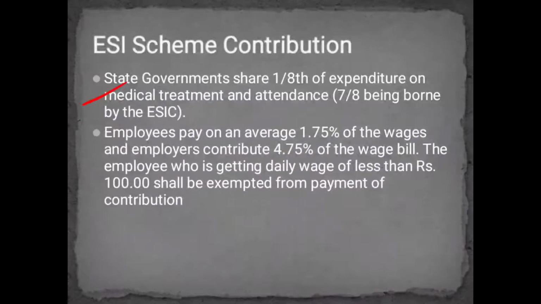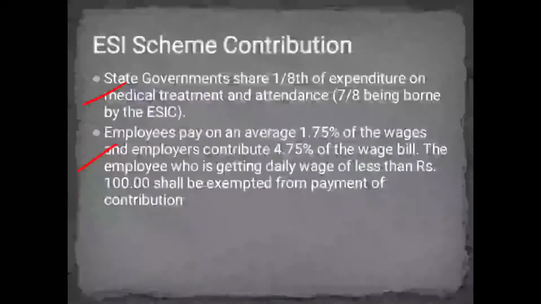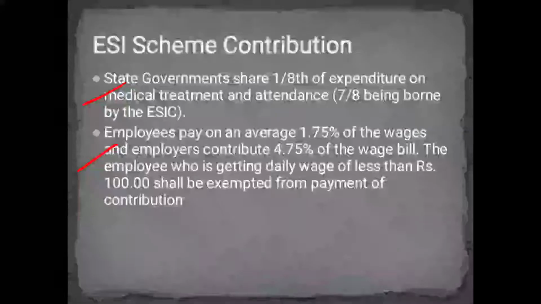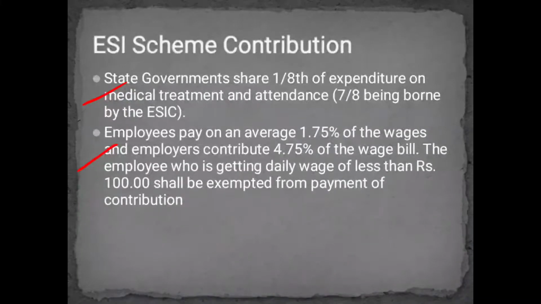Then employees pay, how is payment made for the ESI. Employees pay on average 1.75% of the wages and employers contribute 4.75% of the wage bill. The employee who is getting a daily wage of less than 100 rupees shall be exempted from payment of a contribution. So nowadays nobody is getting below 100 rupees.